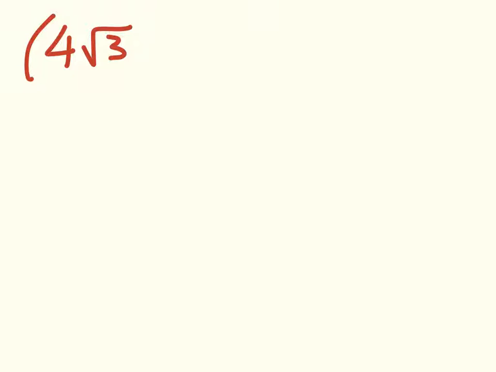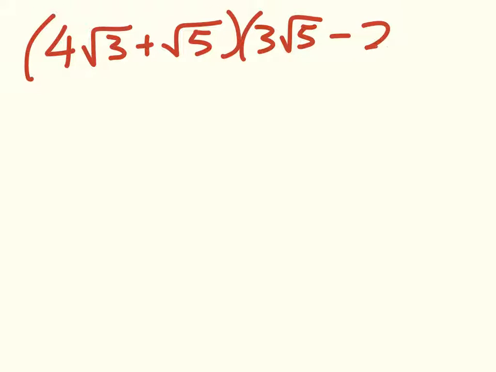4 root 3 plus root 5 times 3 root 5 minus 2 root 3. So we're going to use the method we're used to using with quadratics, but we can of course use that method for numbers as well, because it's based on the distributive property of numbers.